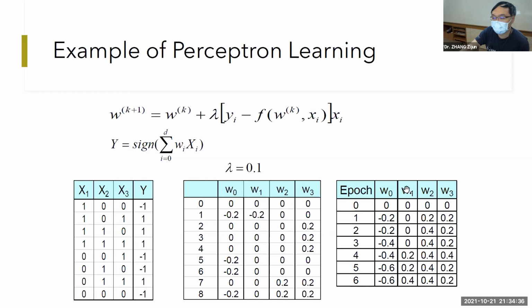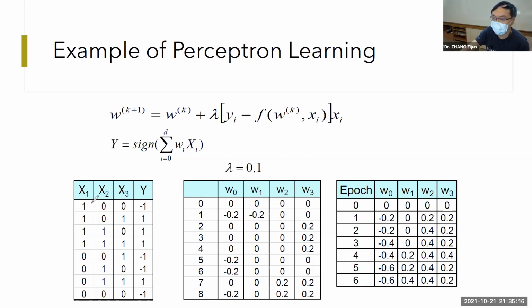And this is the example of iteratively computing. You can see the epoch means the updating of the weights, and for epoch 5 and epoch 6 they are going to converge. The weights no longer change. This 0 to 8 means the weights computed by fitting data points from 0 to 8.